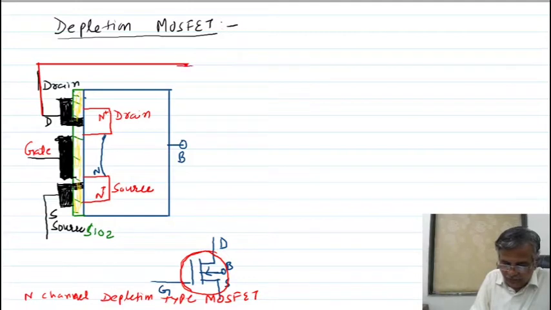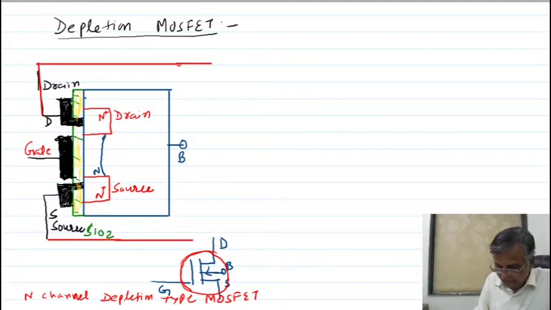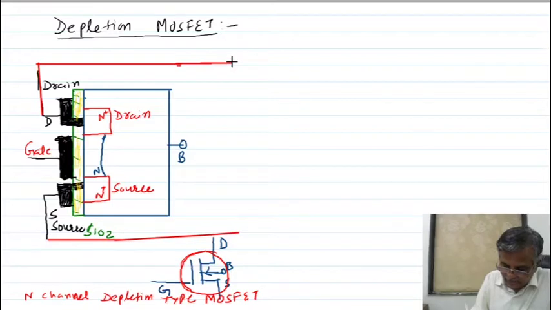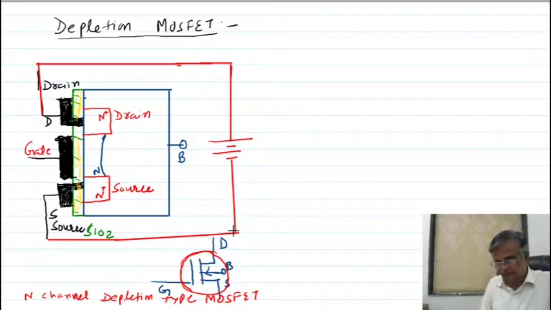I am giving positive voltage to the drain, plus and minus, between this.